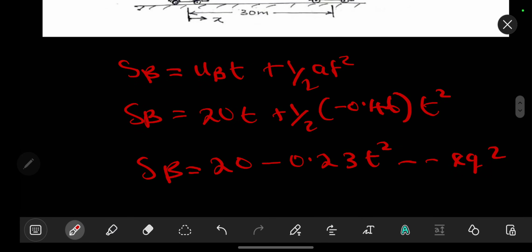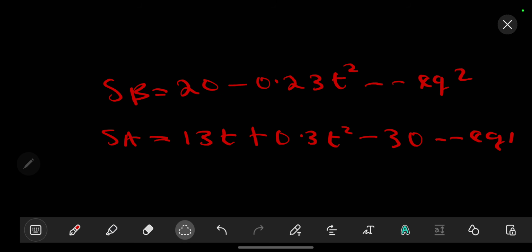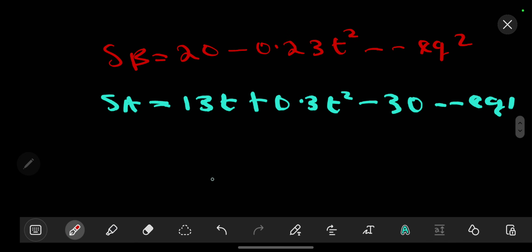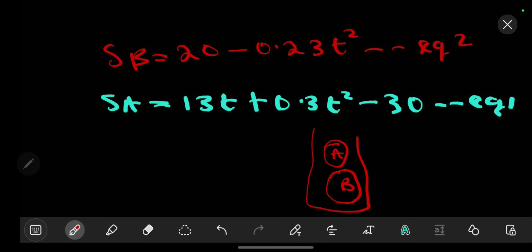Let's put the equations together. So now we have 2 sets of equations. How are we going to use these equations? Let's identify one thing that is clear. If we have 2 cars, at the point where car A and car B have the same displacement, they are equal.